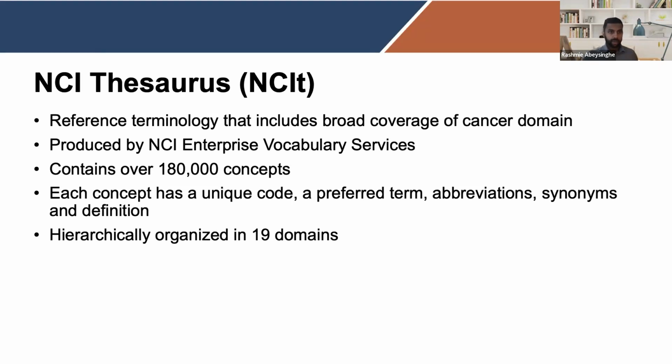It contains over 180,000 concepts in its latest version. Each concept of the Thesaurus has rich resources with a unique code, a preferred name, different abbreviations, synonyms, and definitions. It is hierarchically organized in 19 domains as well.